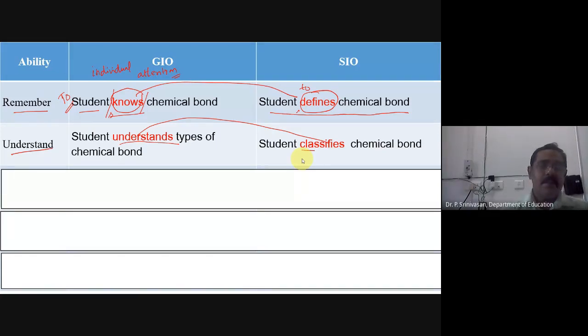Okay, it consists of the content and the ability. Every GAO or SAO consists of the ability part and the content part. Now you say, what is the ability part and what is the content part?